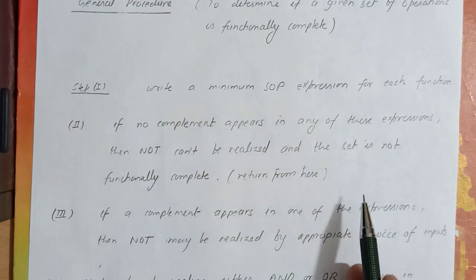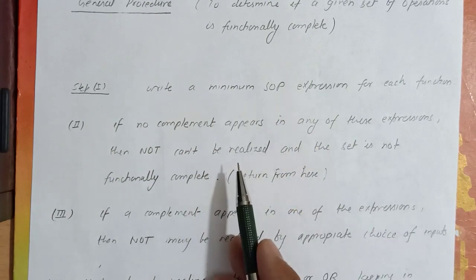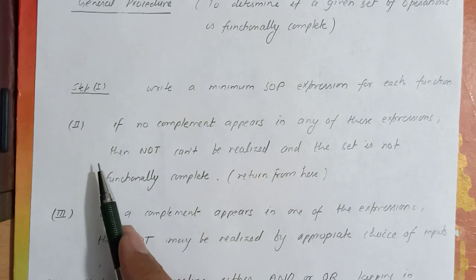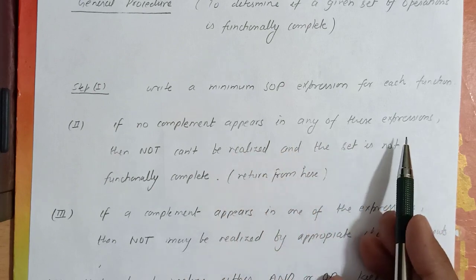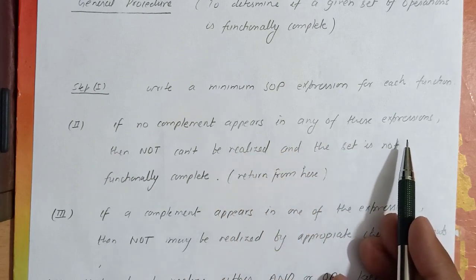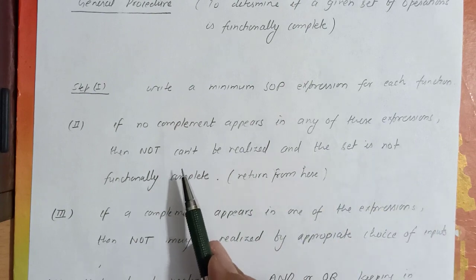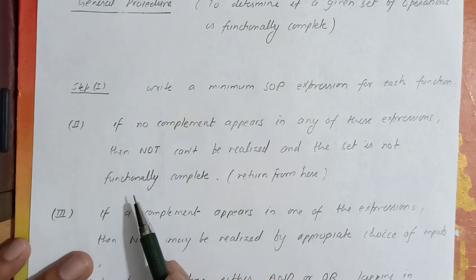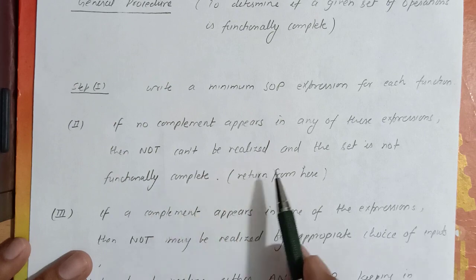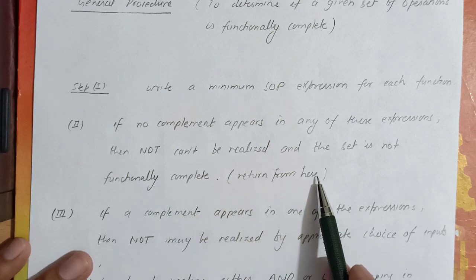Secondly, if there is no complement in any of the expressions, then NOT cannot be realized. If we are not able to realize the NOT operation, then we can simply conclude that this operation or set of operations is not functionally complete. So we will return from here.